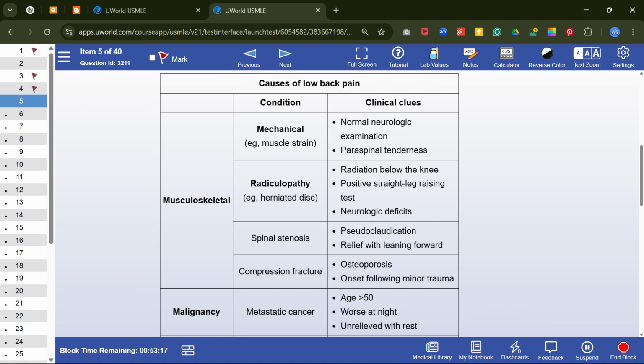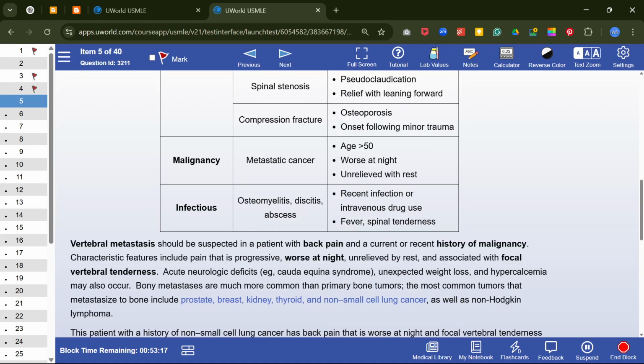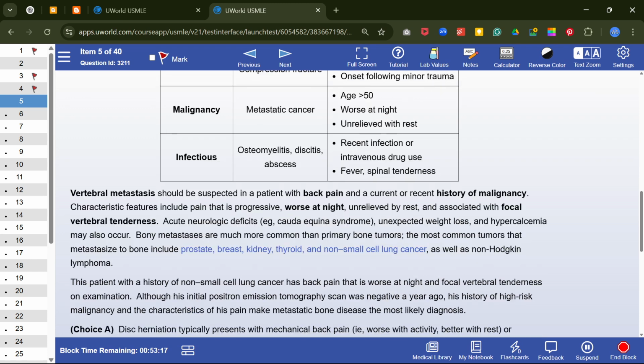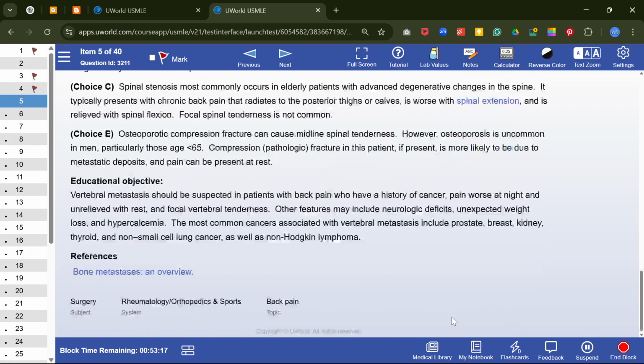I want to say metastatic cancer. Osteoporotic compression fracture, actually. Okay, look at option E first. This is very confusing.